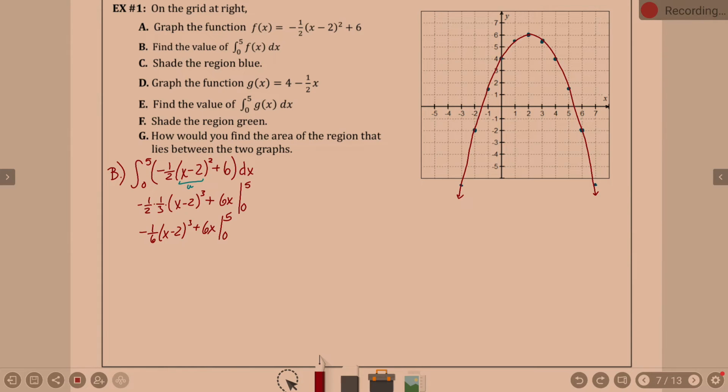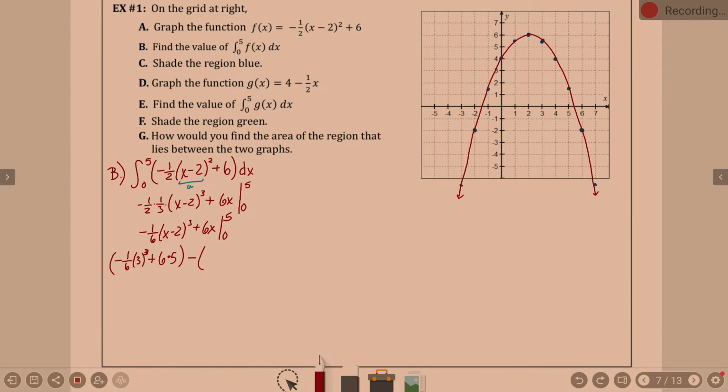Okay? Plug your values in with me. Negative 1/6 times 5 minus 2, so times 3 to the third, plus 6 times 5. And then it's minus. Do we need to plug the 0 in?